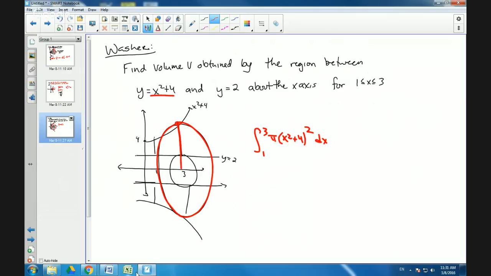That's the big one. And now we have to subtract out the small one, right? It just needs to be hollow, correct? What's that radius? Yeah, 2.